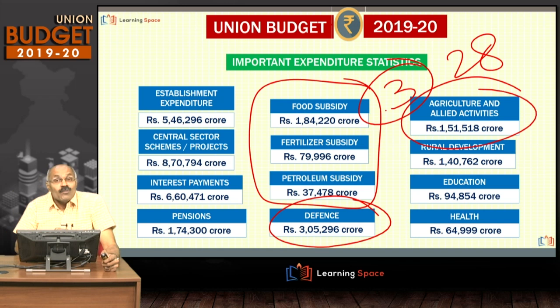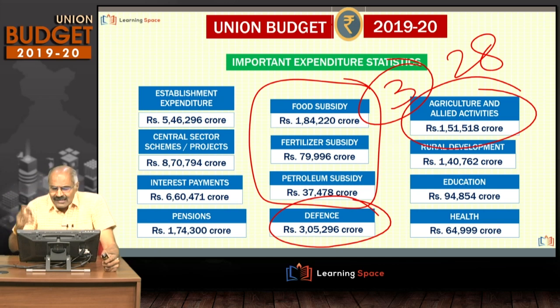Agriculture, now it is 1.5 lakh crores of rupees. Why is it increased? It is increased because of PM Kisan. Please understand, 6,000 rupees transfer to the farming family, right? So government announced PM Kisan, 6,000 rupees direct transfer to the farmers every year in 3 installments.